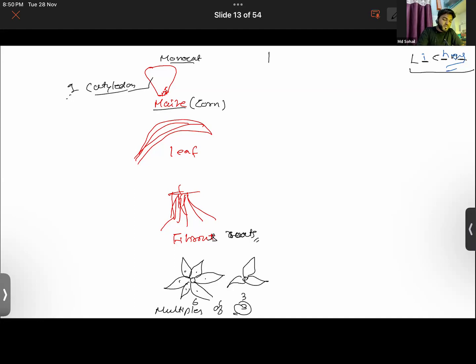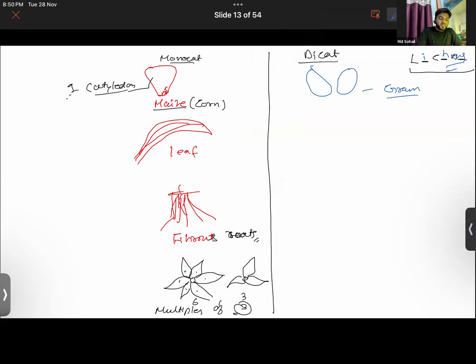Then you have the example of the dicots. Dicot basically means the seeds that have 2 cotyledons. So in them, we see that there are 2 cotyledons like this. For example, you have gram, that is chana seed, right? You will look at its leaves. The leaves will have branched veins, that is, reticulate venation can be seen in it.